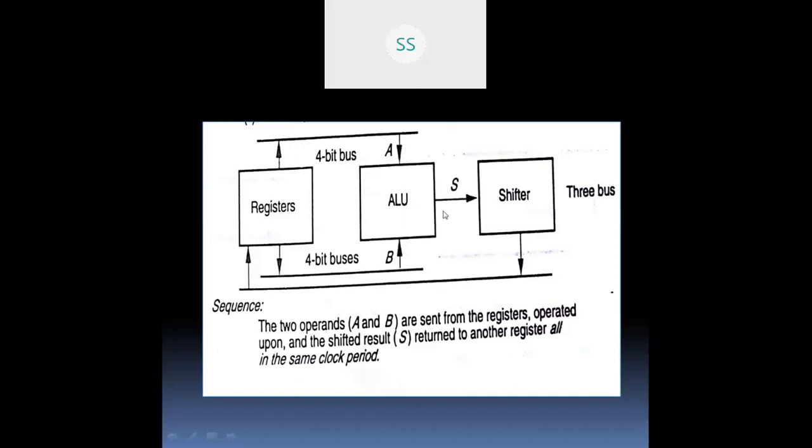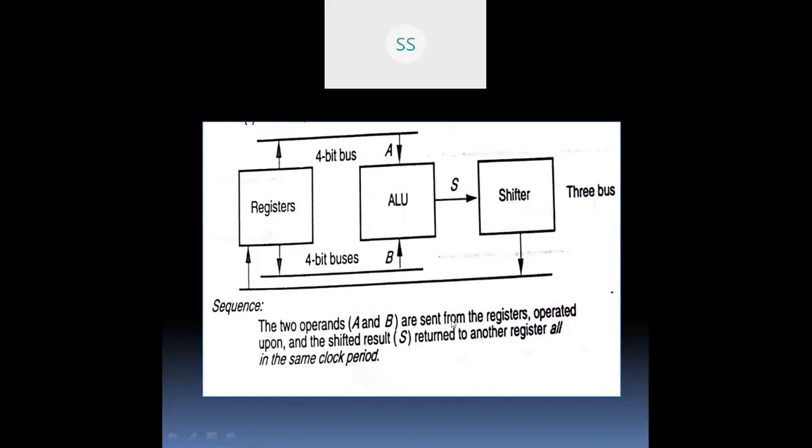Then the result is shifted, and once the operation is over, the shifted result is written to another register, all in the same clock period.